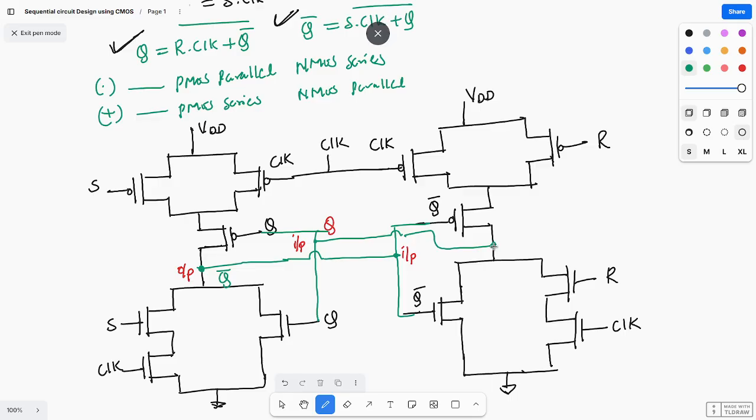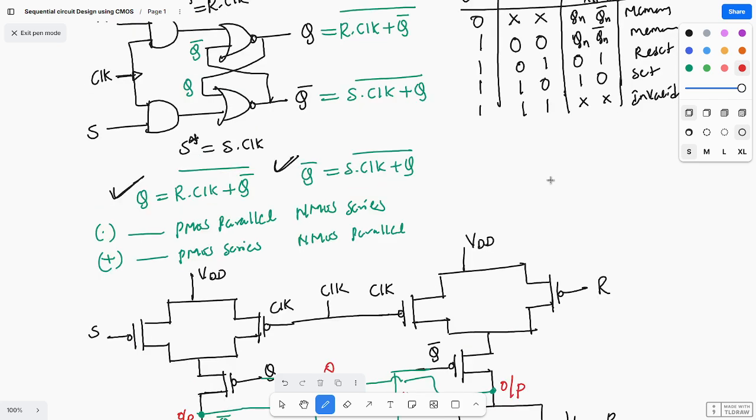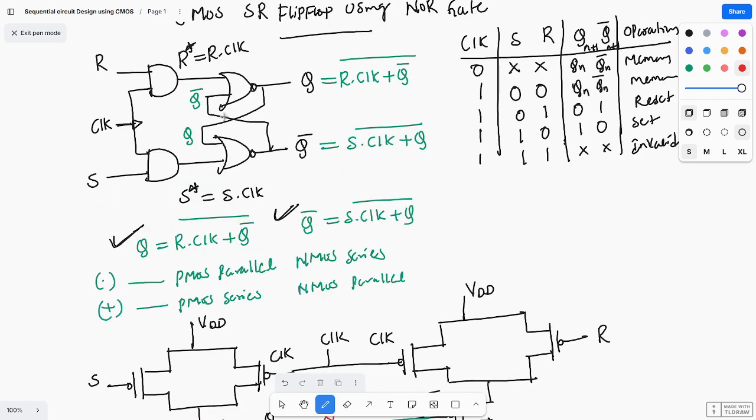So this is output. Same thing, we have already seen. This Q bar is connected as an input, and this Q output is connected to the input.